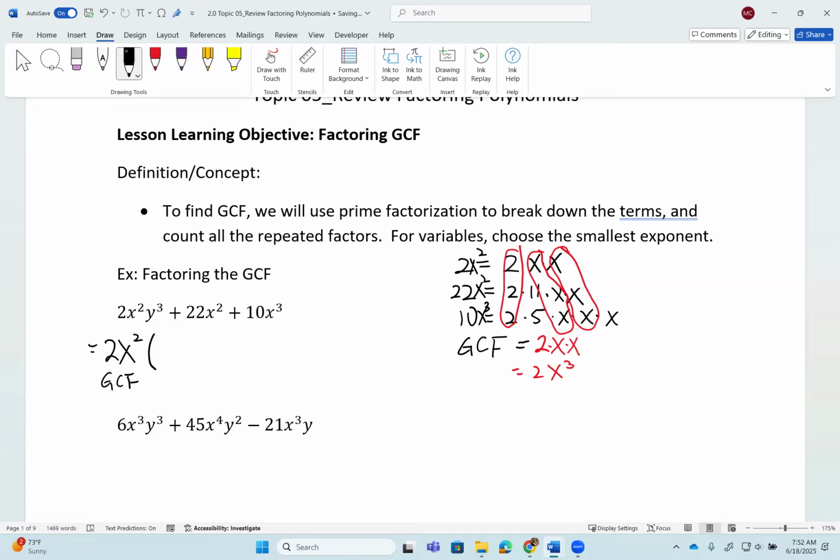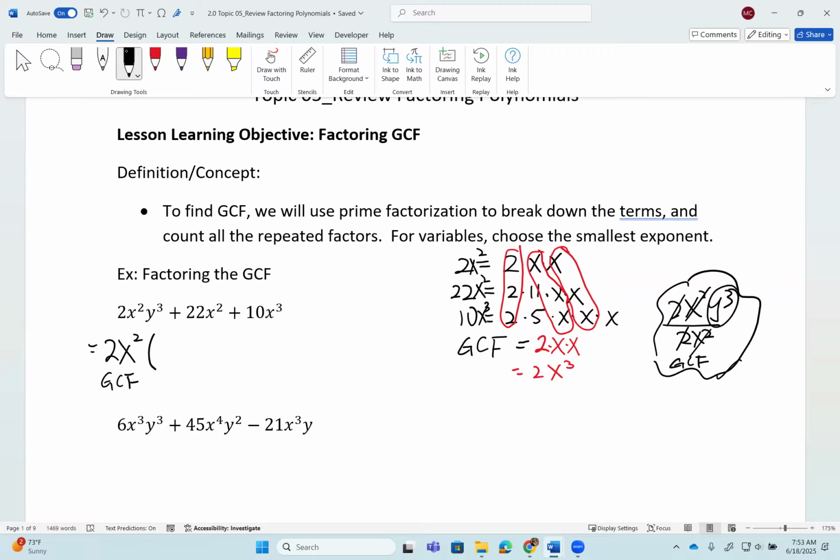Factoring out the x squared to the outside, no x left. So what I'm doing here is the greatest common factor 2x squared will go into 2x squared y to the third so many times. This is the work that I'm actually not writing out. 2 and 2 cancel out, x squared cancels out. So that's why the answer here is y to the third. That's what's left over in the parentheses.